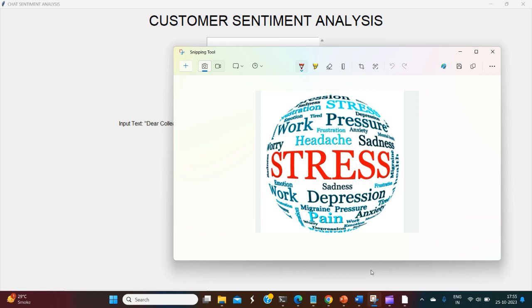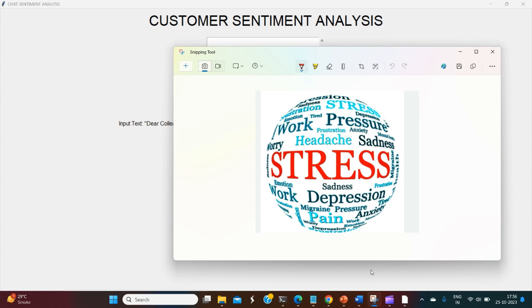It is also possible that the tool was trained on data where similar words were used in a negative context. The Google developers had training data in which these words were used in a negative context.